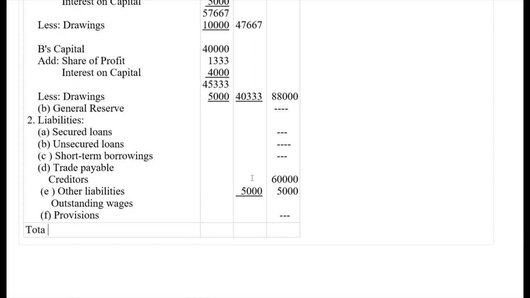So the total of the liabilities will come to 88,000 plus 60,000, 1,48,000, so 1,53,000 here.